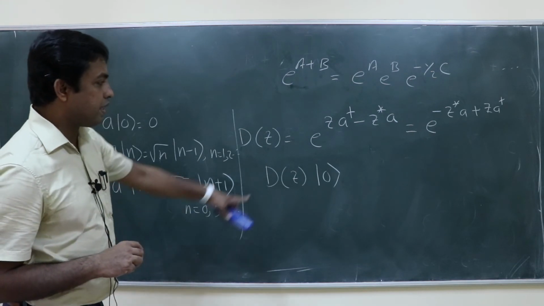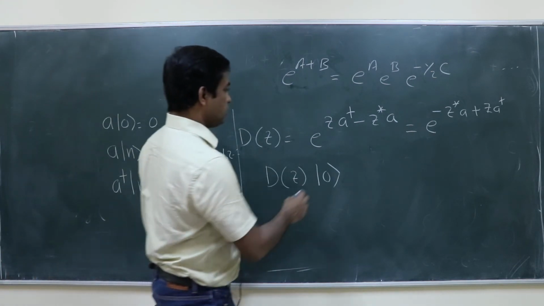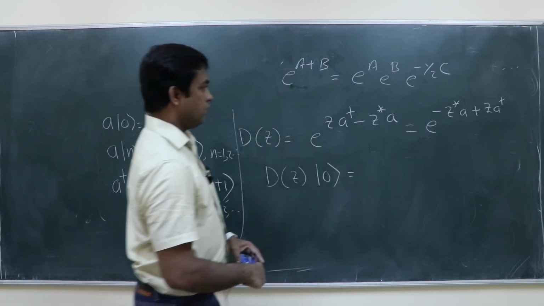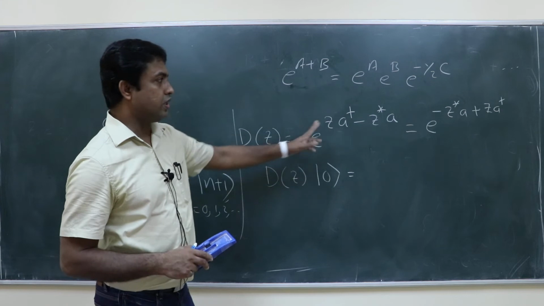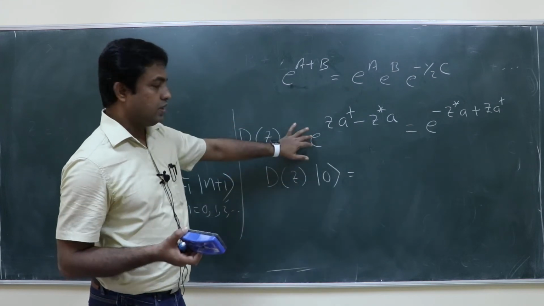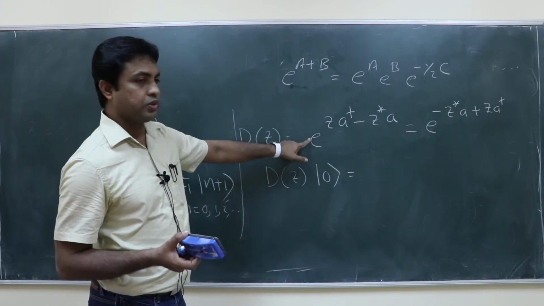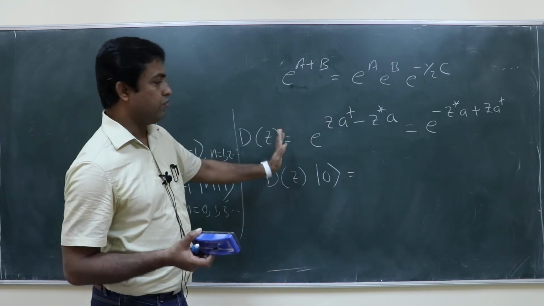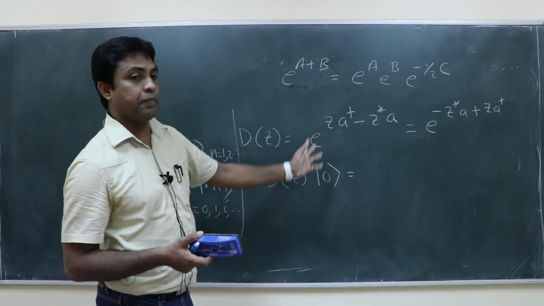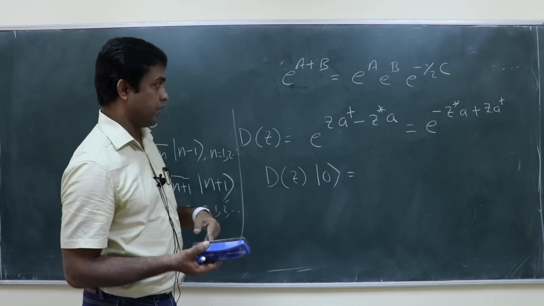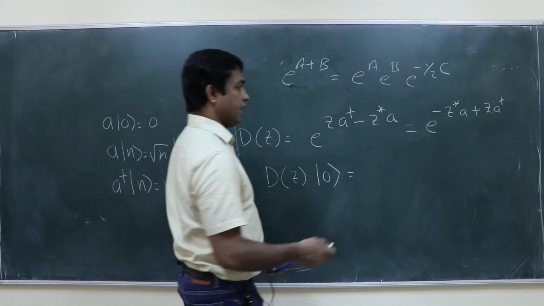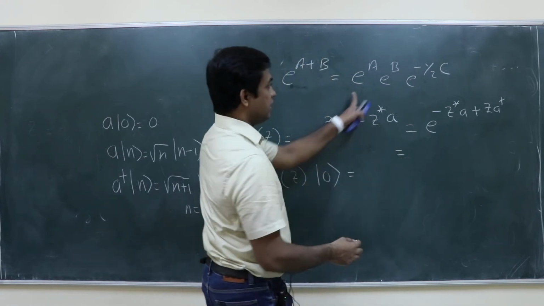Can you just give me the answer for this? So you just substitute. Which one will you substitute? If I substitute this, I am in trouble. If I substitute this formula or that formula, if I expand this, there is an (A plus B) whole square, you have to take care of the commutator and it will become problematic. So what should I do? I should substitute the right hand side.